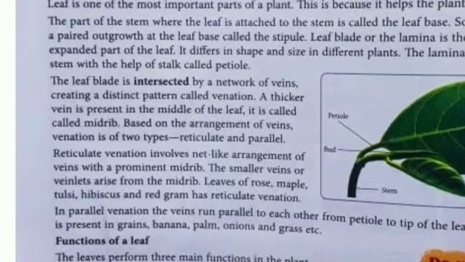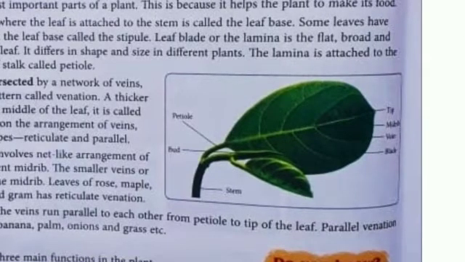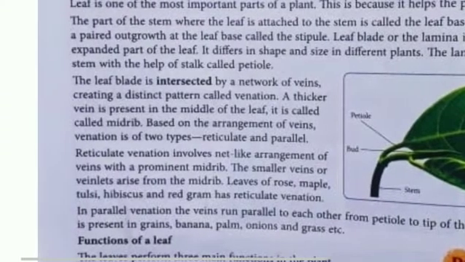The thickest vein is present in the middle of the leaf. See here, what is running from petiole to tip is called midrib. A thicker vein present in the middle of the leaf is called midrib, and others are called veins and veinlets.